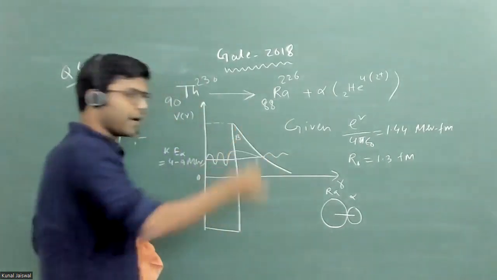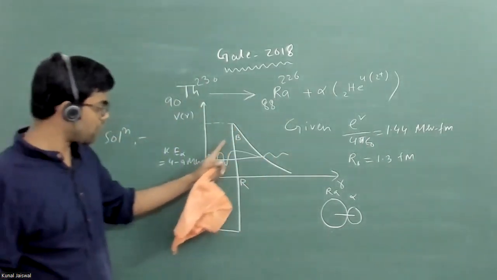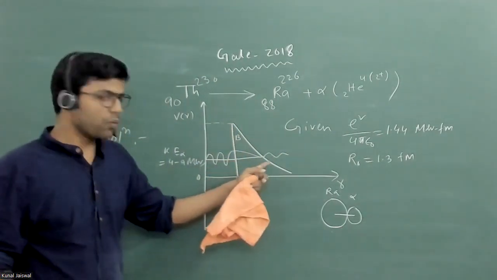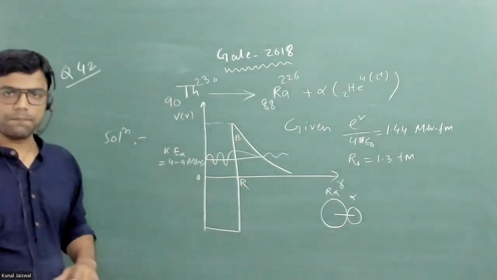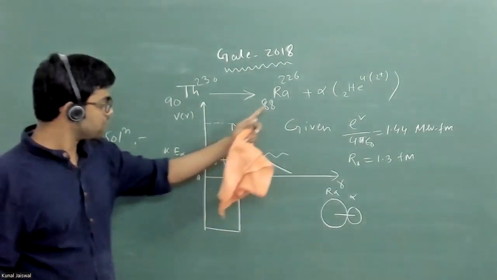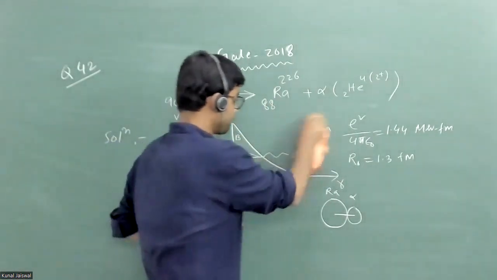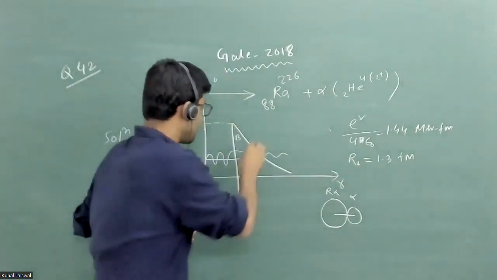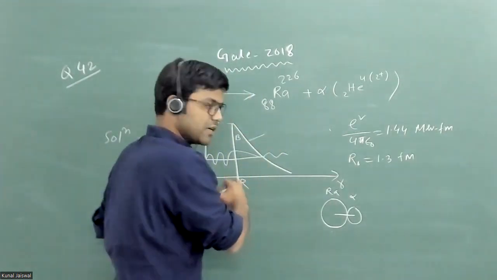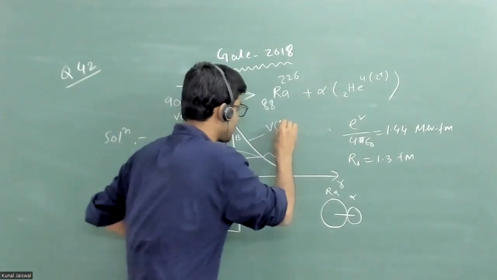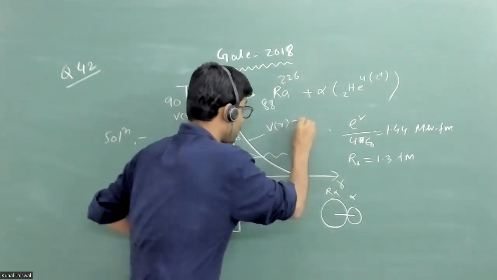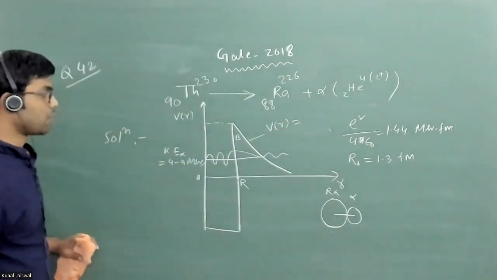But here you have to keep in mind that the barrier height is no longer constant. It varies with the separation between the daughter nucleus and the alpha particle. This nature is given: beyond the separation, the potential is purely Coulombic.